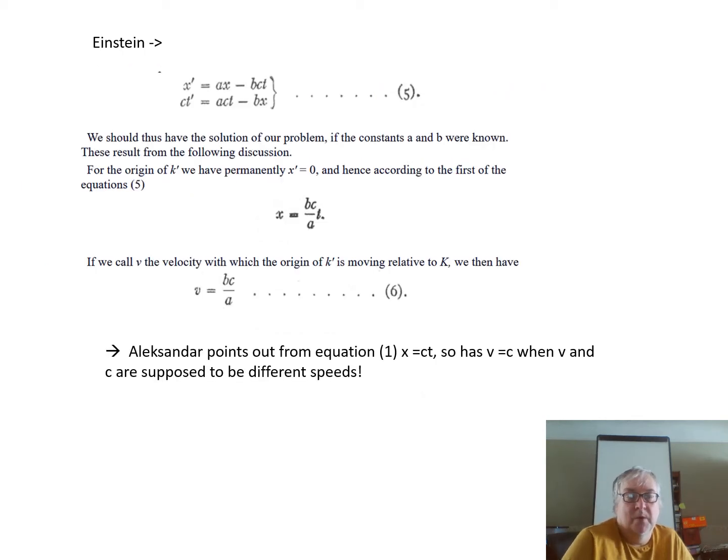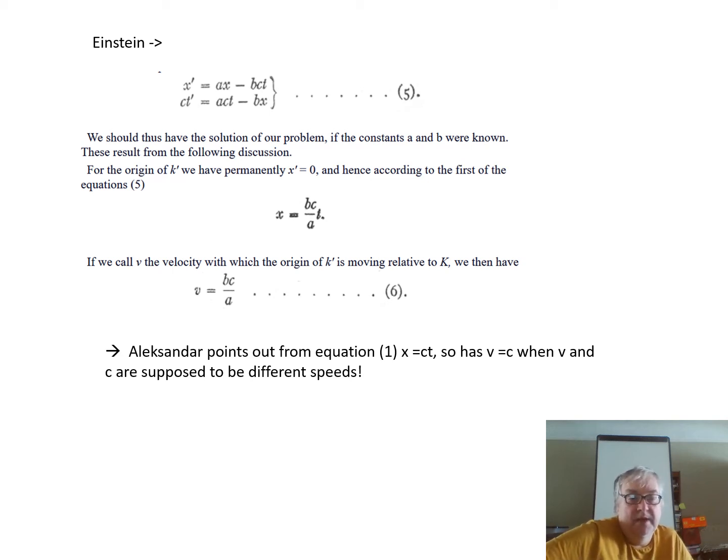Einstein, picking up from equation 5, goes on to say, we should thus have the solution of our problem if the constants a and b were known. These result from the following discussion. For the origin of k prime, we have permanently x prime equals 0, and hence, according to the first of the equations of 5, x equals bc divided by a all times t.